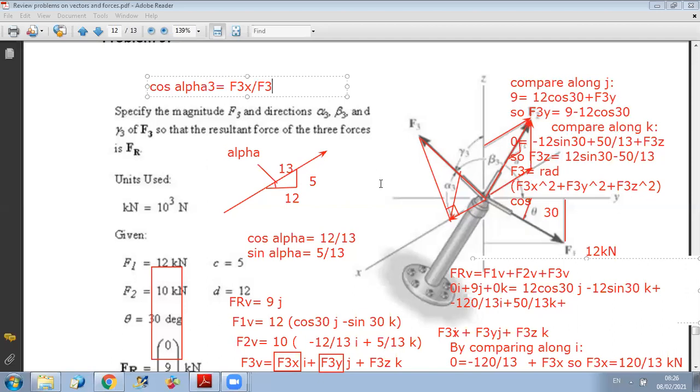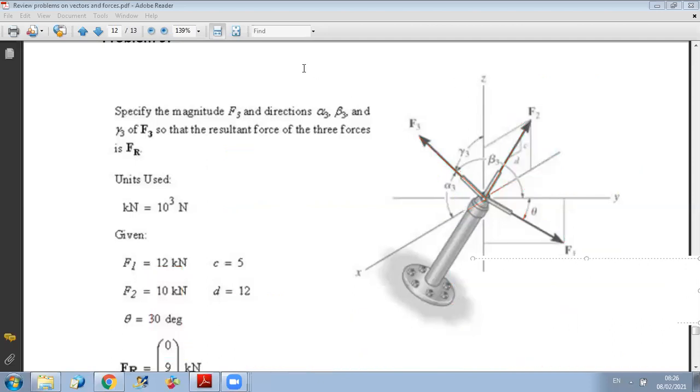I do the same for beta, which represents the angle with the y-axis, as you can see in the figure, and gamma represents the angle with the z-axis.